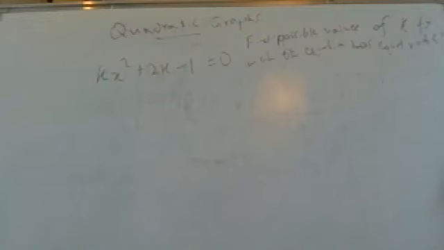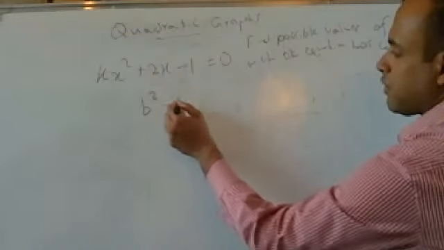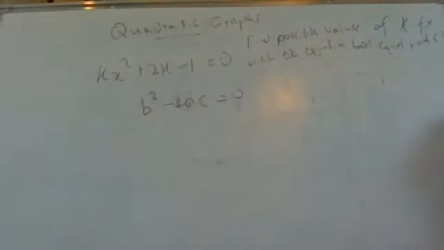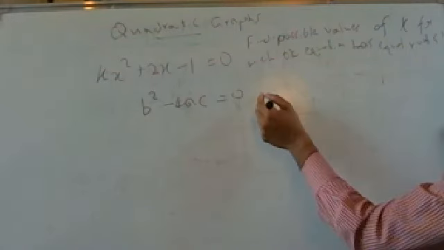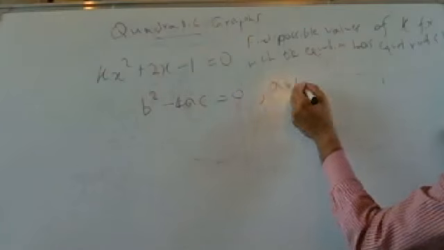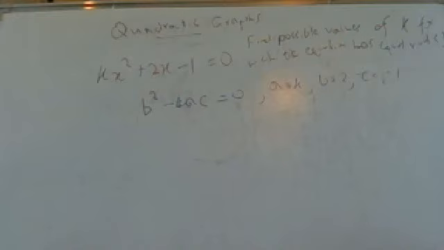So if it has equal roots, that means b squared minus 4ac equals 0. Correct? Because that's the only way you're going to get one root or equal roots. In our equation, let's start with a. So a equals k, b equals 2, c equals minus 1.